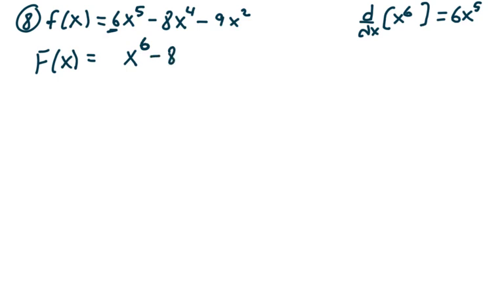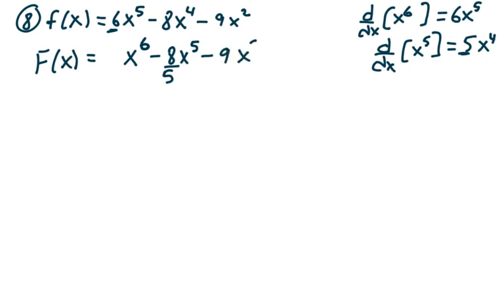Minus 8x to the 5th. But let's check out that x to the 5th. If I take the derivative of x to the 5th, I get 5x to the 4th. But I don't want the 5 there, so I have to divide by 5 to counterbalance. Minus 9x cubed, right? The derivative of x cubed is 3x squared, and so to counterbalance that, I'm going to divide by 3.